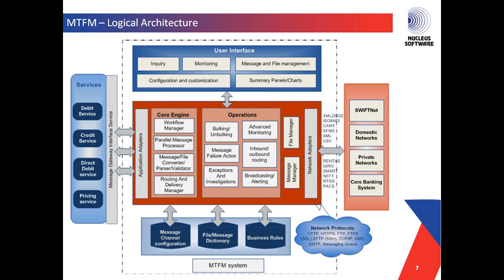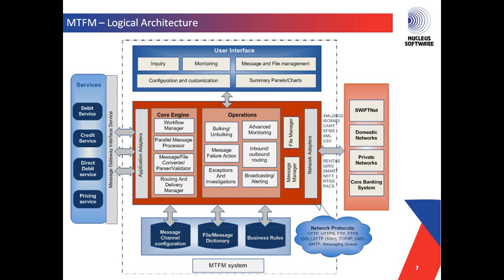Moving forward to the user interface part, the top of the diagram, we talked about it briefly. There is an inquiry feature, there is monitoring, there is message and file management, in the sense that using these user interfaces, the priority of different message types can be changed, or we can configure which files are to be processed and which are not to be processed.